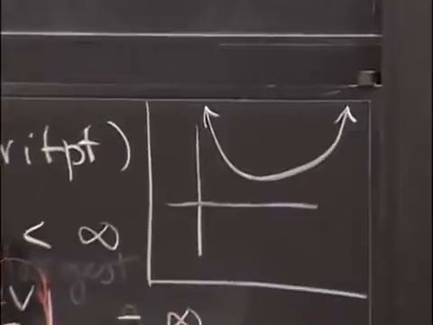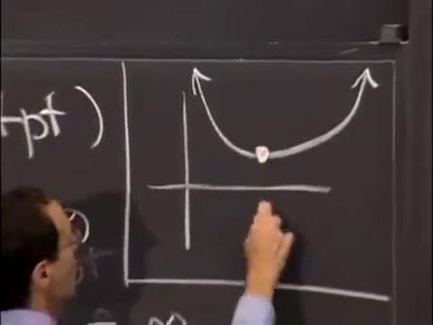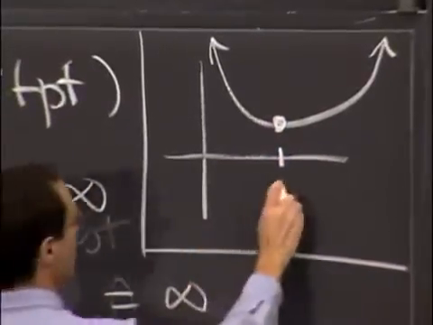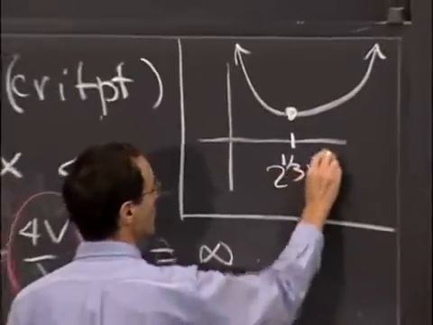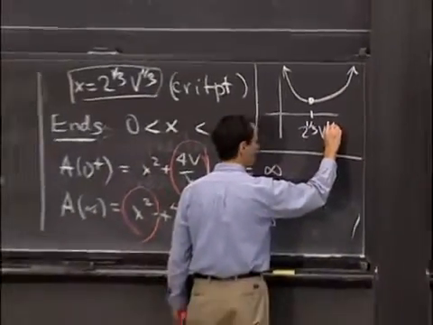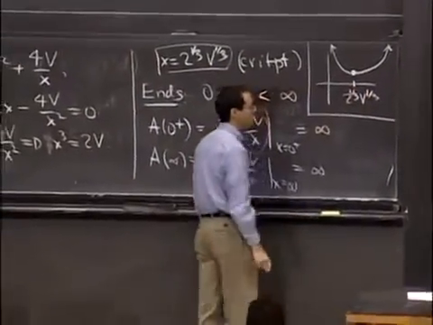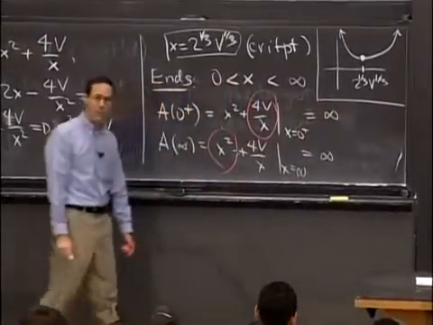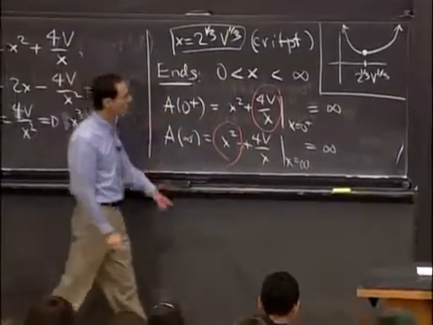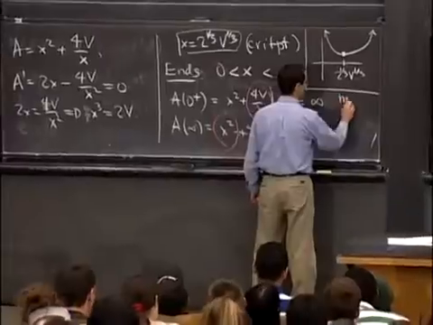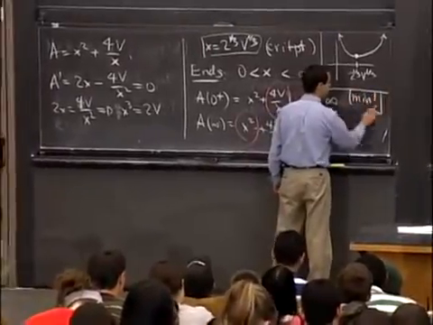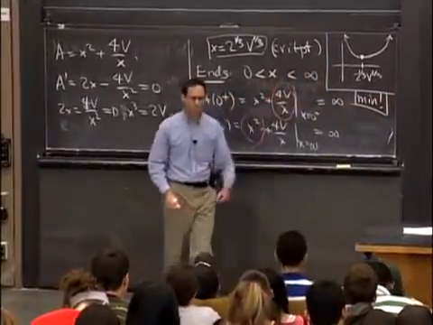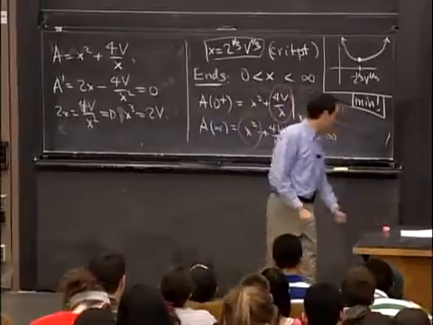And so when we find that one turnaround point, which happened to be at this strange point 2 to the 1/3, sorry, v to the 1/3, that is going to be the minimum. So we've just discovered that it's the minimum, which is just what we were hoping for. This is going to be the optimal box.